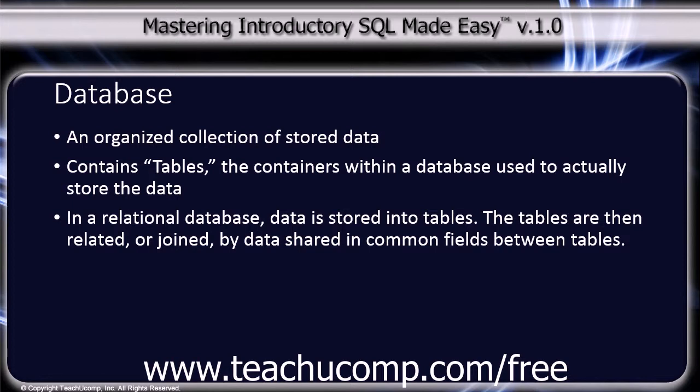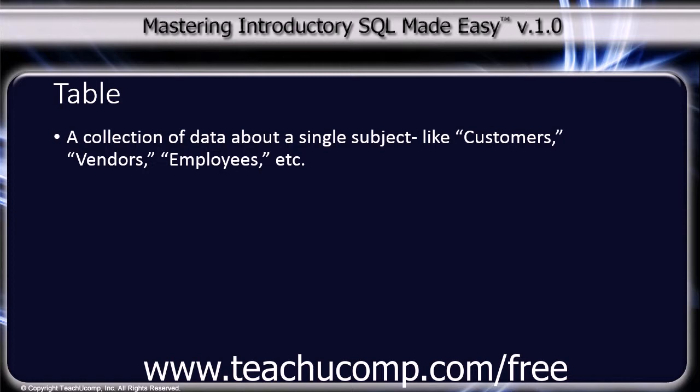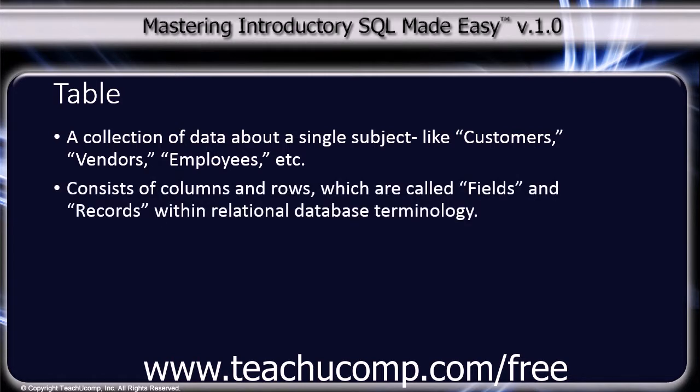The most fundamental object within a database is the table. A table is a collection of data about a certain subject, like customers, vendors, employees, or suppliers. It consists of columns and rows into which you store data. The columns all contain only one type of data and are called fields.